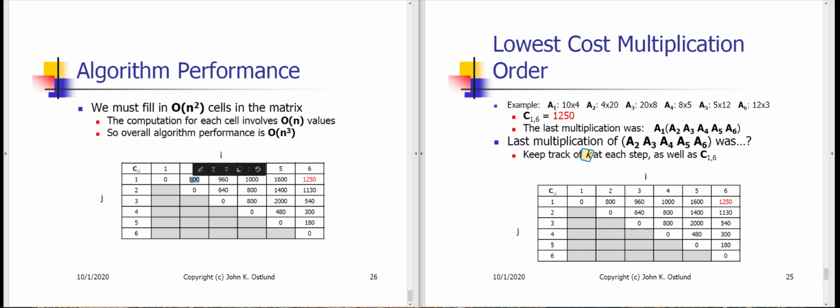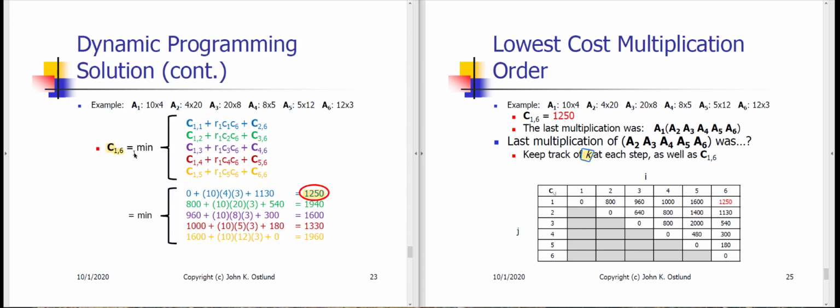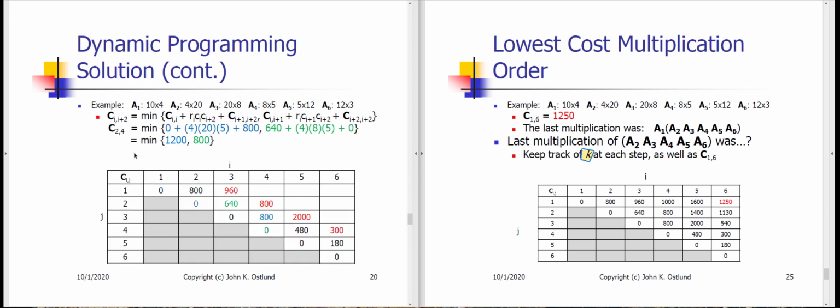For CII plus 1, there were 3 values involved, 0 plus a product of integers. And then for 960, there were, let's see, 3 values twice, if I'm not mistaken.